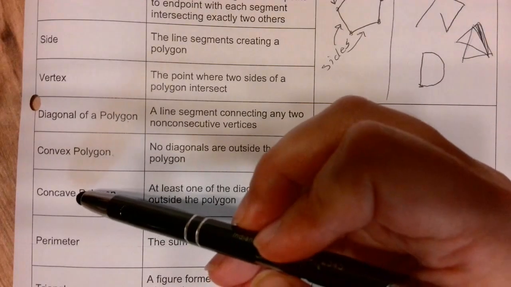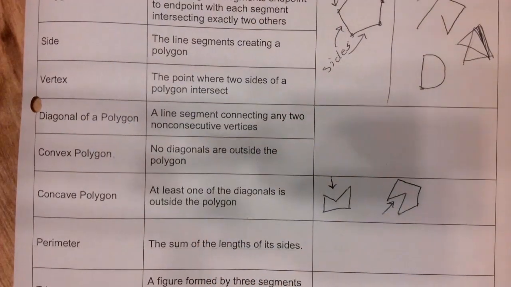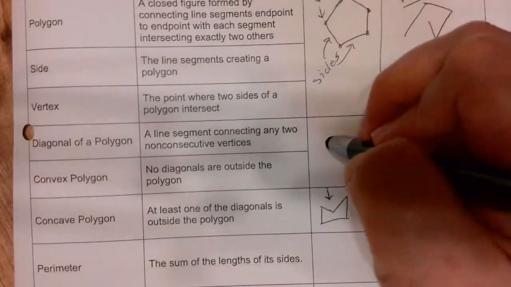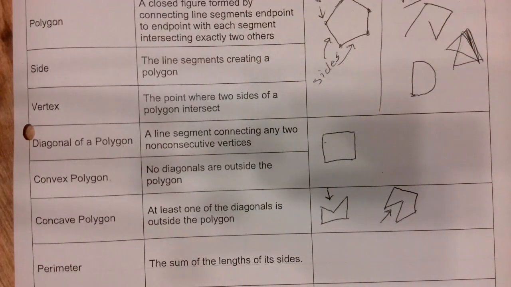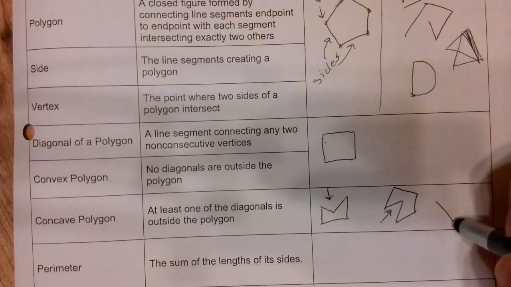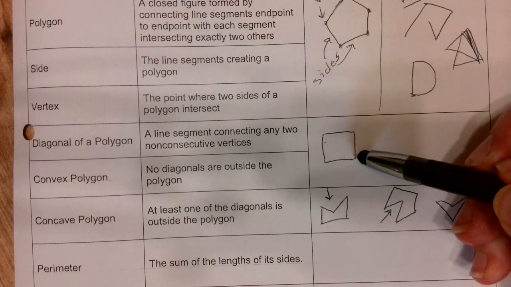A polygon is either concave or convex. So the convex ones will be the ones without those little cave spots. So let's see here, maybe this, a square. This is a convex shape. A concave quadrilateral would look more like that. This is a convex quadrilateral.